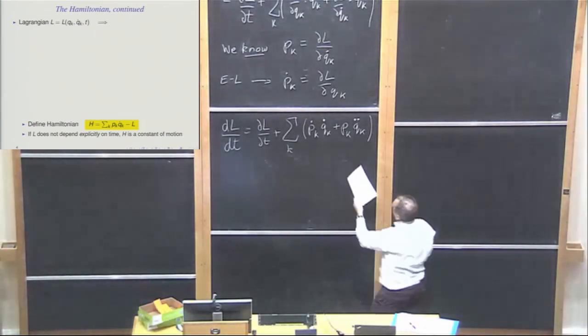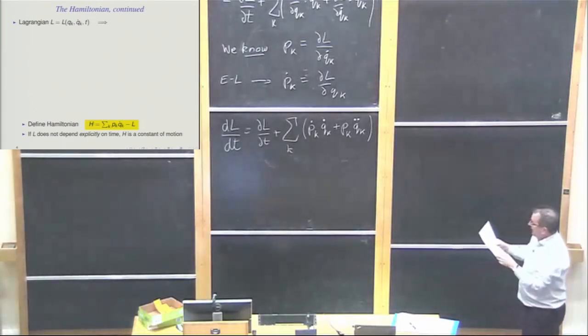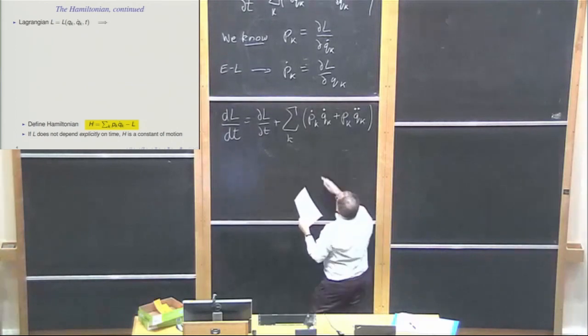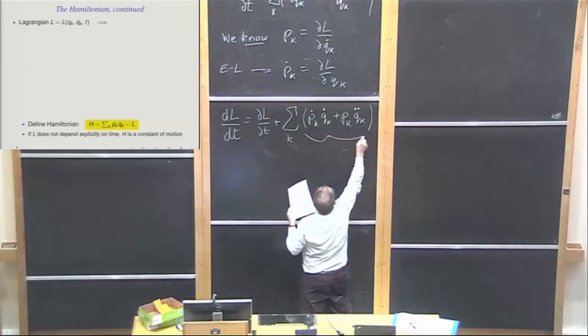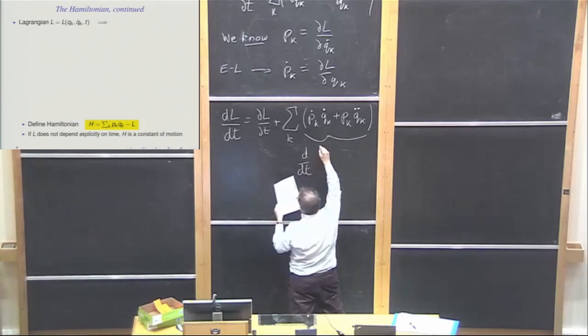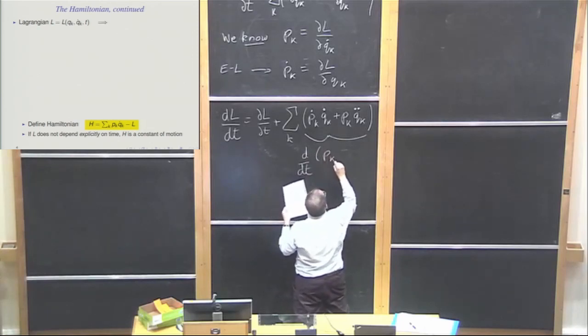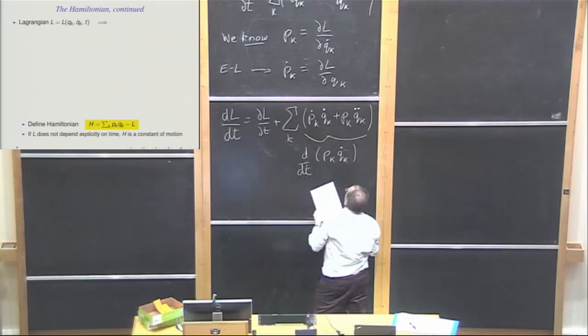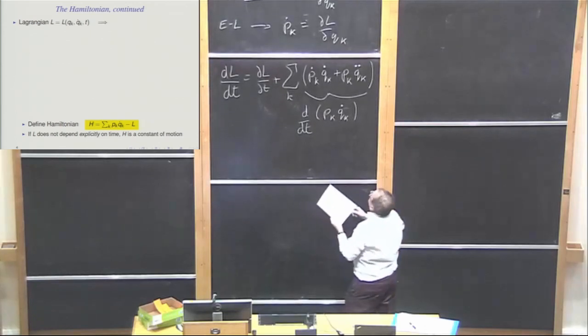Now what we have in here can easily be seen as a derivative with respect to time of what? Of p_k times q_k dot.